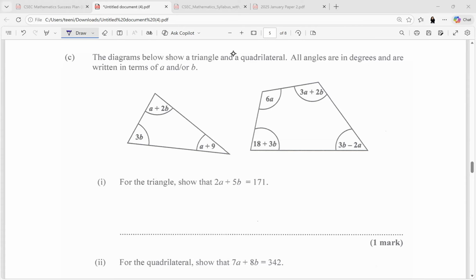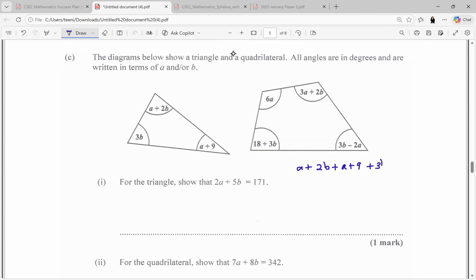So that is A plus 2B plus A plus 9 plus 3B is equal to 180, right? Because the internal angles in a triangle add up to 180. And now you just simplify, so you add your like terms, right? So that's A plus A is 2A, 2B plus 3B is 5B.